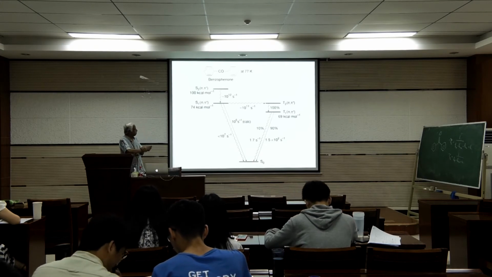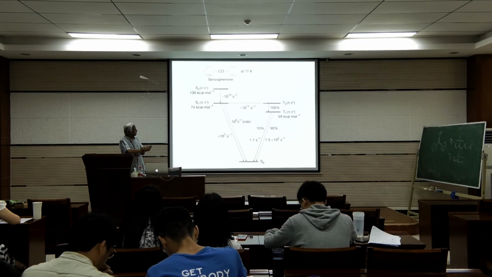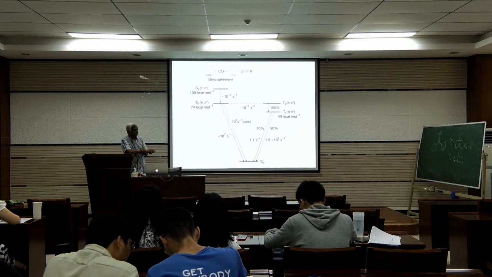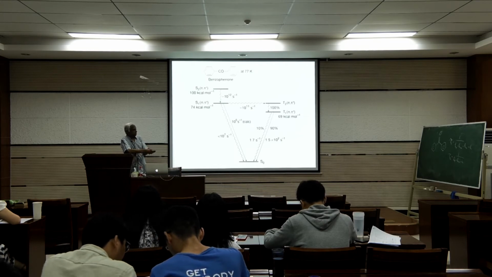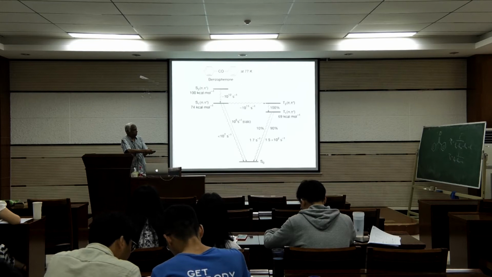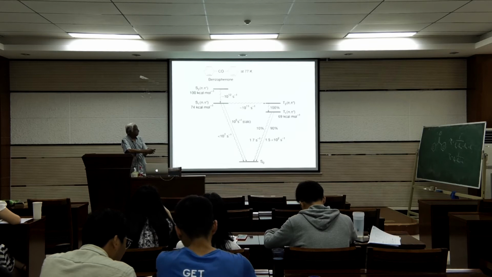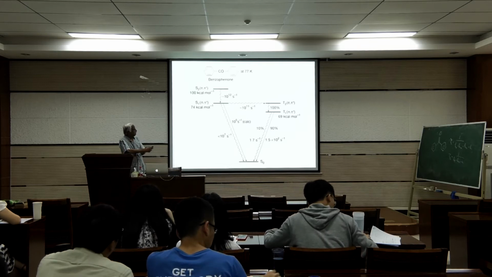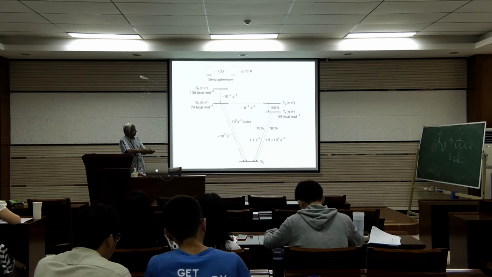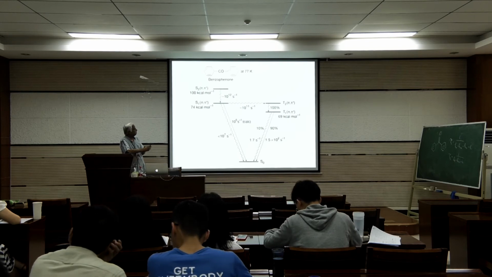So, if you look at here S1, it is n pi star. That means oxygen has got a lone pair, one here, one here. One of the electrons is going from n to a pi star orbital, that is this one. And then there is another excited state which is pi going to pi star, that is this one.